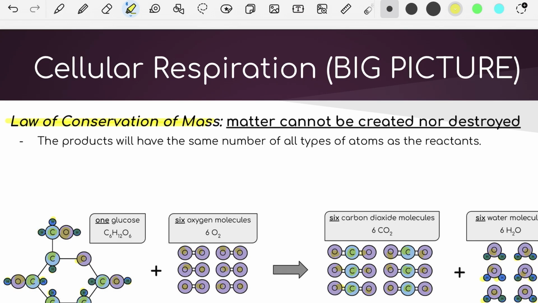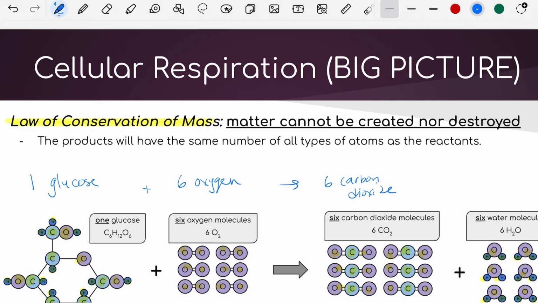Okay, so you need to remember the overall reaction is 1 glucose plus 6 oxygen will yield 6 carbon dioxide and 6 water molecules.